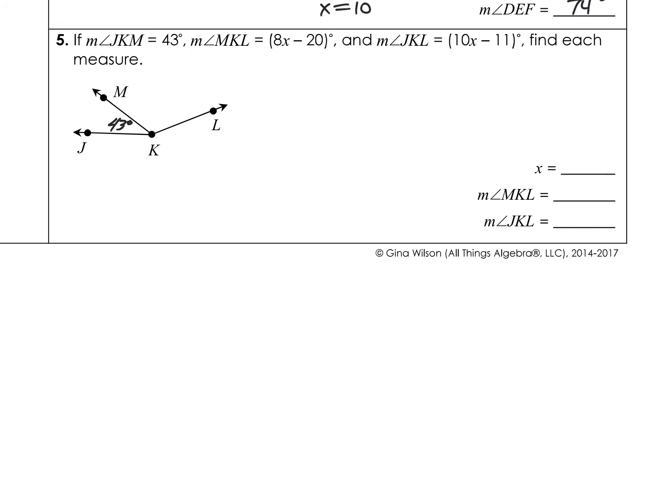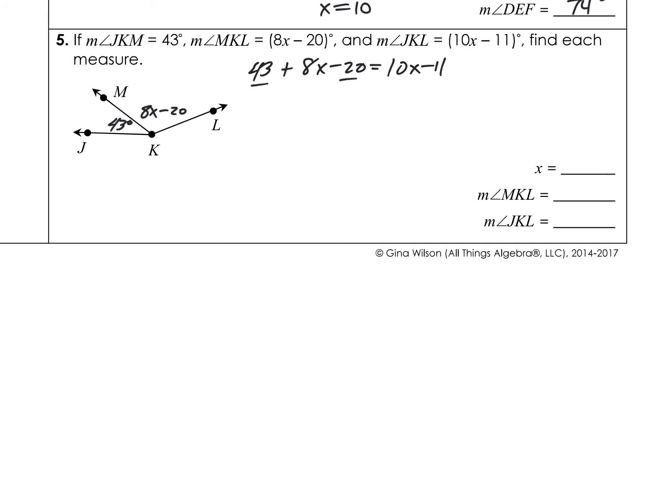The measure of angle MKL is 8x minus 20. And the measure of angle JKL, the whole thing, is 10x minus 11. Find each measure. Okay? So we can say 43 plus 8x minus 20 equals 10x minus 11.